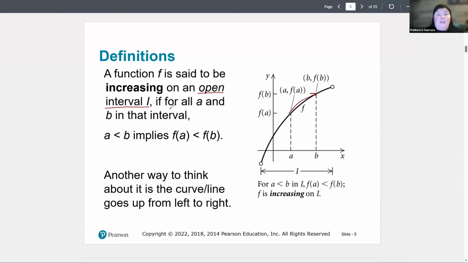For all A and B in the interval, A is here, so A is less than B. If you look at your y values, or your f values, so f of A and f of B, if A is smaller than B and it is increasing, that means f of A should be smaller than f of B. So if you're on an increasing interval, if A is less than B, that implies that f of A is less than f of B.